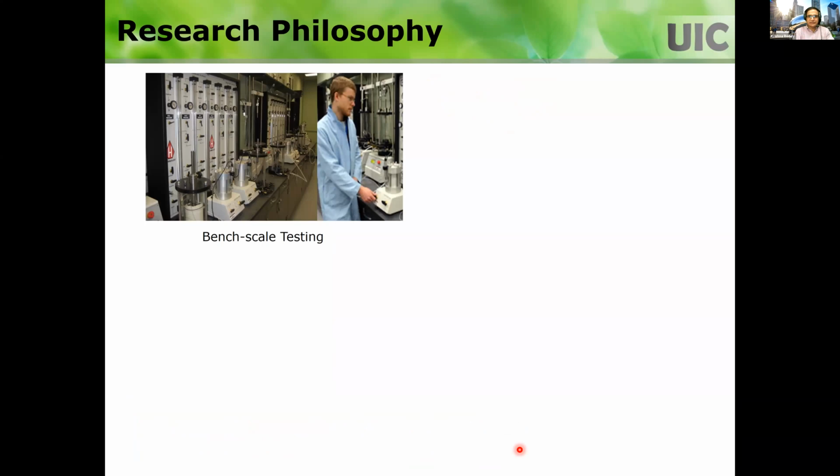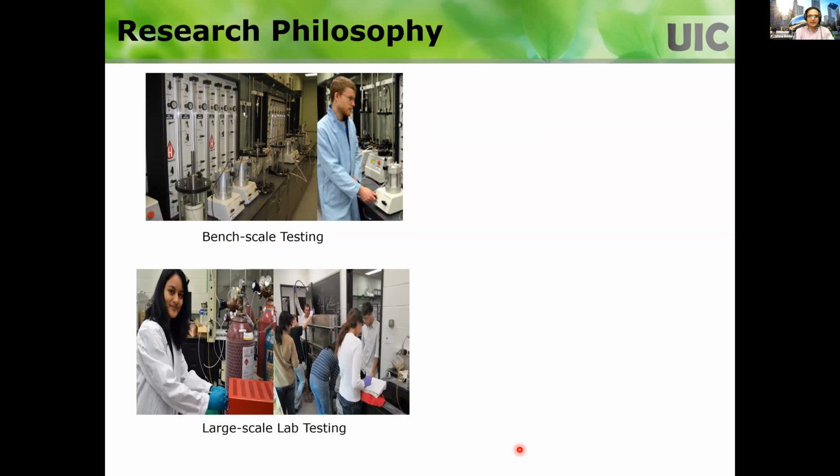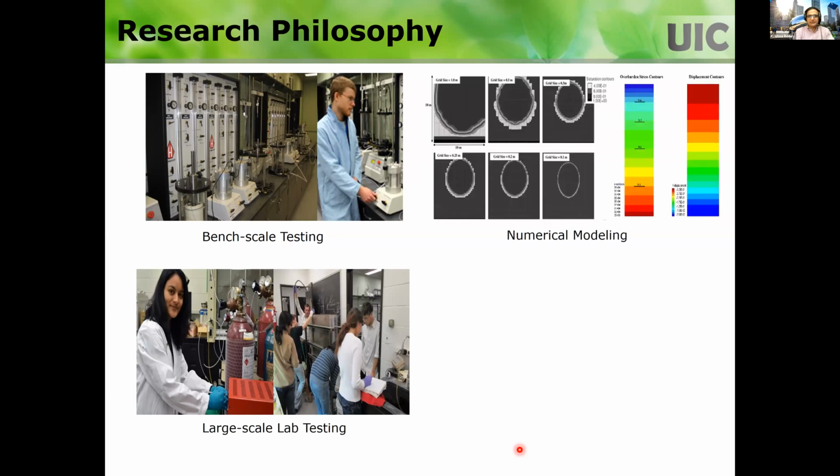In our lab, our research philosophy goes this way. We identify a real world problem and come up with a hypothesis for our solution. Then we do bench scale testing to see if it is feasible or not. If it is feasible, we do large scale lab testing and find out more about our solution. Then we do modeling to incorporate the fundamental processes that we learned from lab testing, and based on the modeling, we design field scale systems.